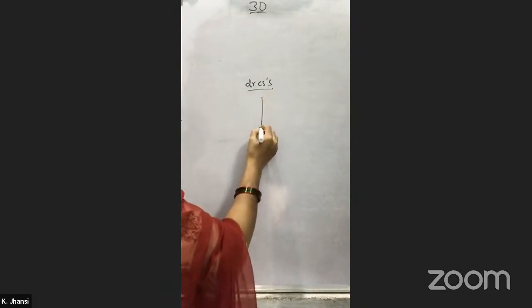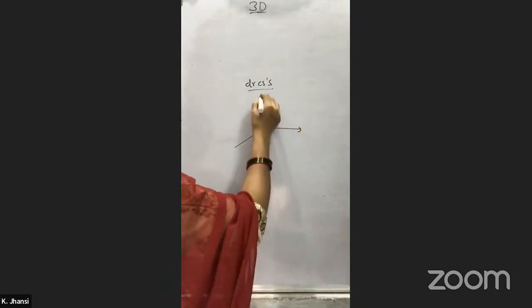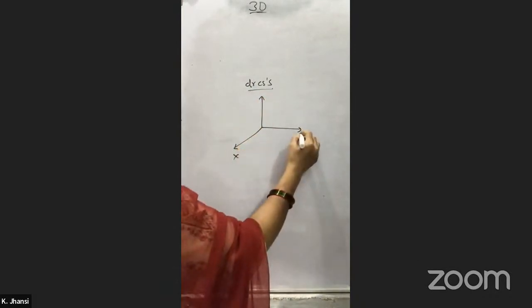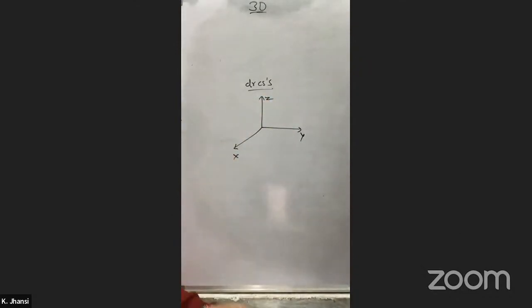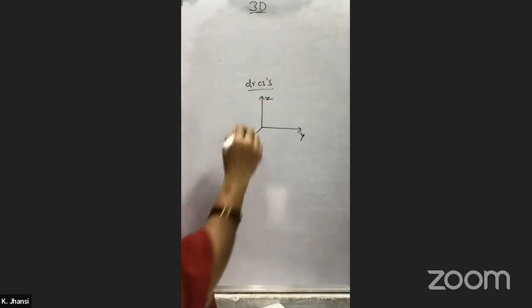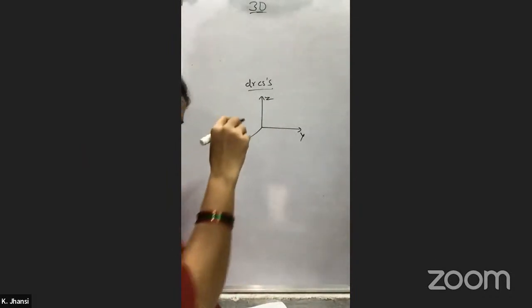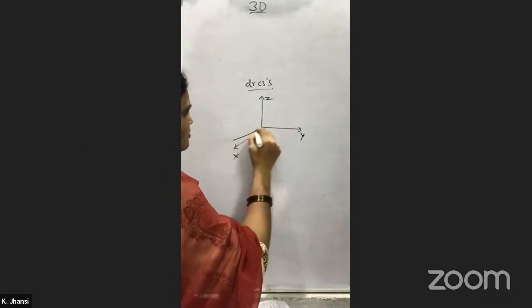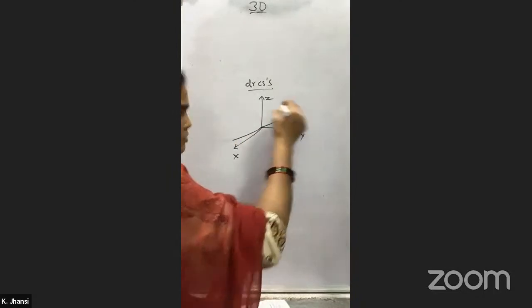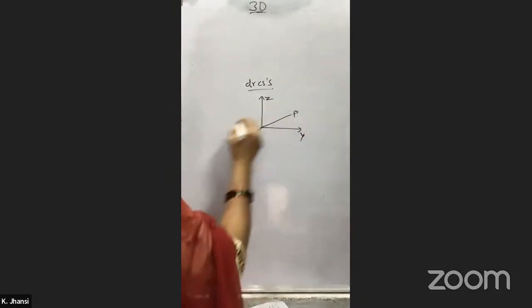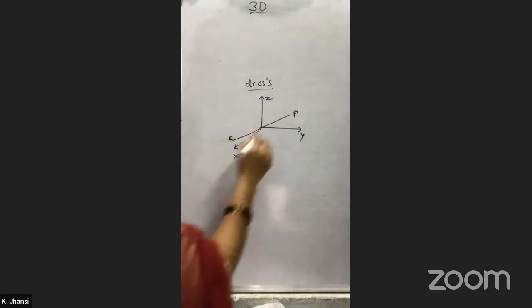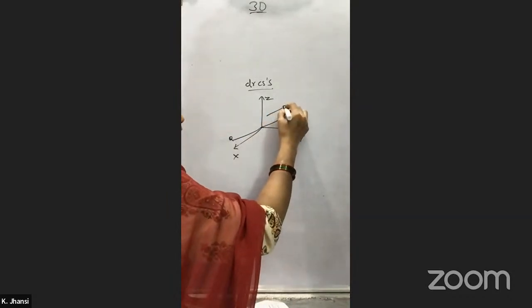So if you see the axes like this, X, Y, and Z we have. Through this, we are taking a line, like this. This is P and this is Q. And one more line which is parallel to this one.